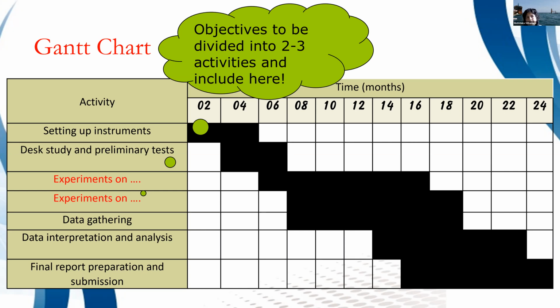So even though you have 3 or 4 objectives, you will have many activities, because you need a few activities to achieve each objective. Those activities you must mention sequentially, right?